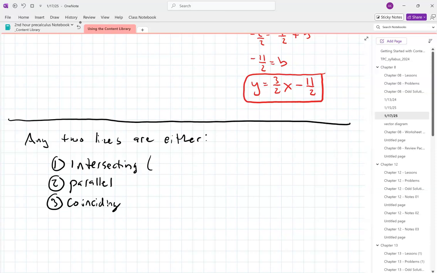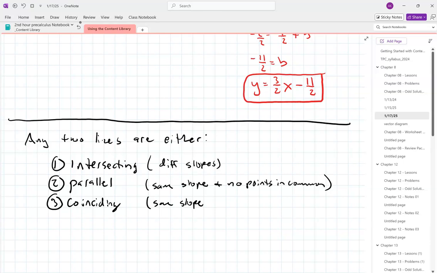So I know if two lines are intersecting, they have to have different slopes, right? If they're parallel, they have to have the same slope. And the same thing with coinciding, they have the same slope. The difference between parallel and coinciding is that parallel lines have no points in common, and coinciding has every point in common.